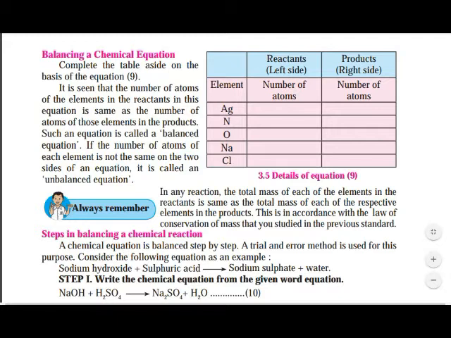S is 1 and here also S is 1. Hydrogen atoms are 2 on one side and 3 on the other, so it is not balanced. Oxygen atoms are 4 on one side, and on the other side only 5 atoms of oxygen are given.